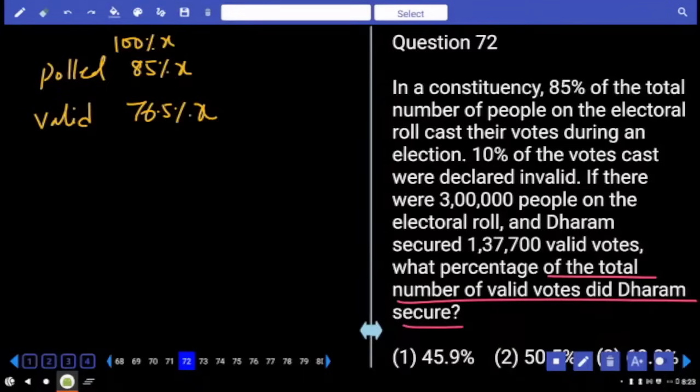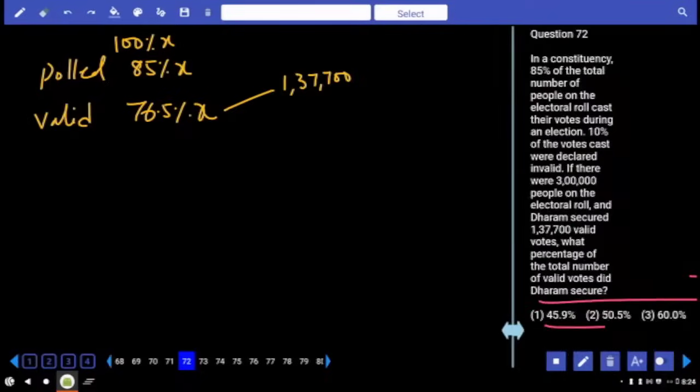So all these percentages are calculated on total 3 lakh. Out of this, one guy secured 1,37,700 votes. Either you calculate 76.5% of the total and go for comparison, or you convert 1,37,700 votes to percentage.